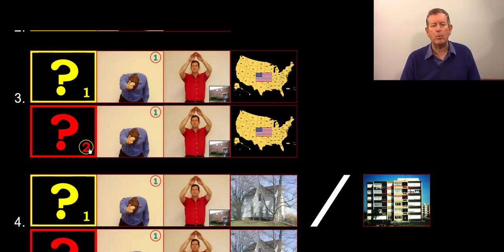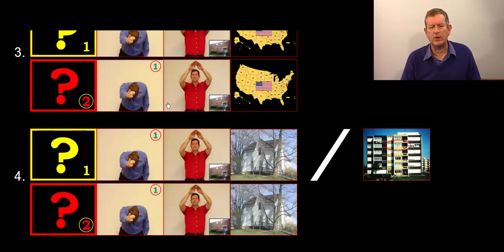And there are two different ways to form this question. What is the first way? Right. Do you live in the United States? Do you live in the United States? What's the other way to form this question? We start with a statement. Say it.